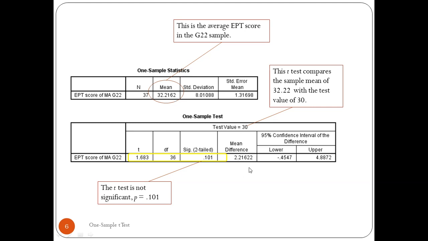So, in other words, if you go to the mean difference between the two means, our sample average mean is a little bit higher. It's 2.22 points higher than the hypothesized population mean. Okay, so the difference is quite small. In fact, it's quite small.